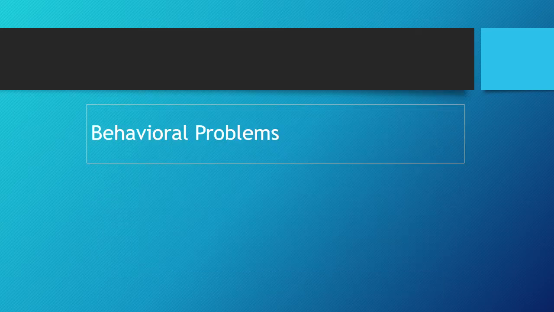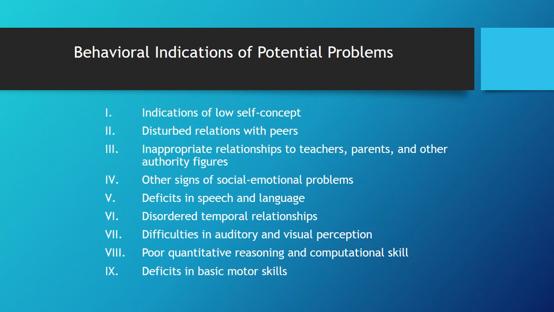Let's discuss the behavioral problem. Behavioral indications of potential problems include low self-esteem, disturbed relationships with peers, and inappropriate relationships with authority figures.